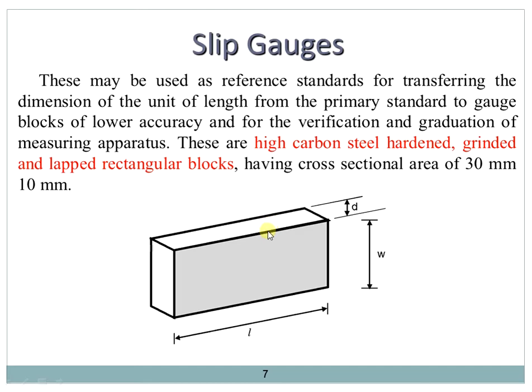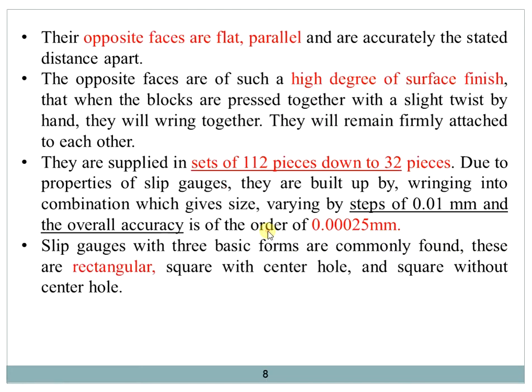An auxiliary device is also required. It is available in a number of combination sets, maybe a set of 112 pieces or up to 32 pieces. Slip gauges have a high degree of surface finish and accuracy of up to 0.005 mm.